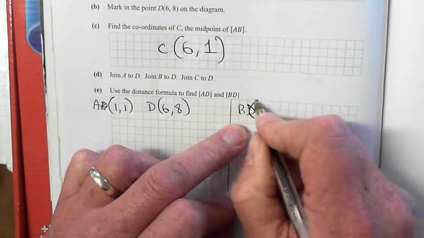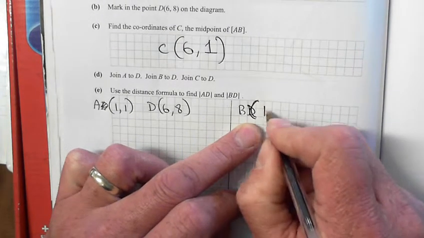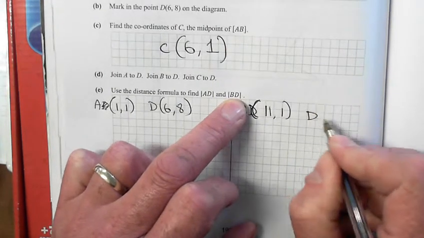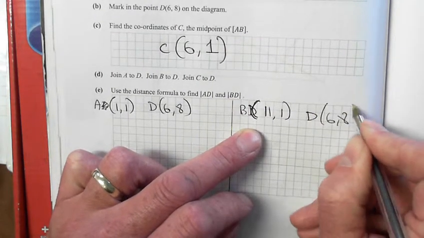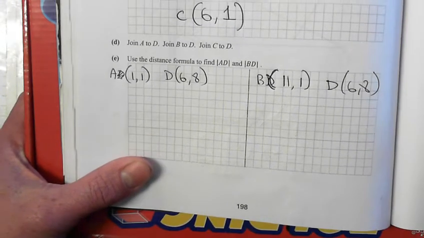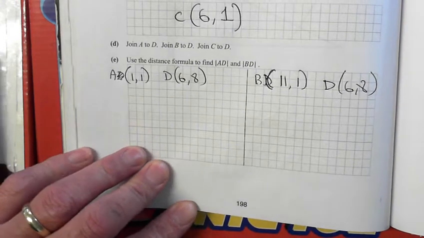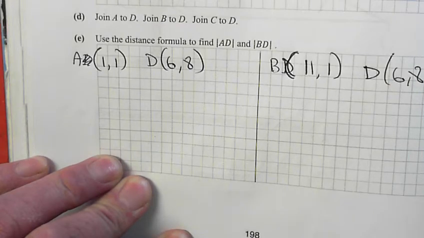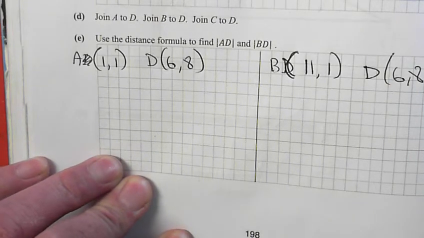B was 11, 1, and D 6, 8. Now use the distance formula. Right, so if you watch, we'll do the left hand side first.